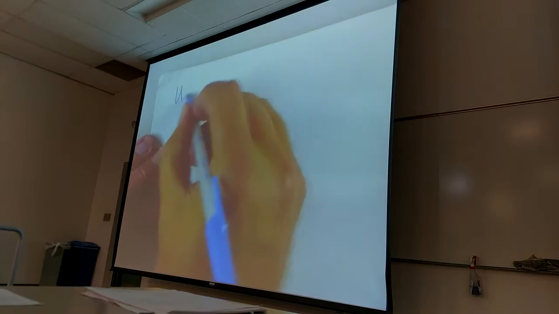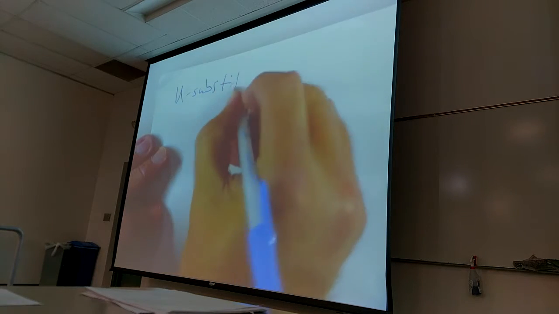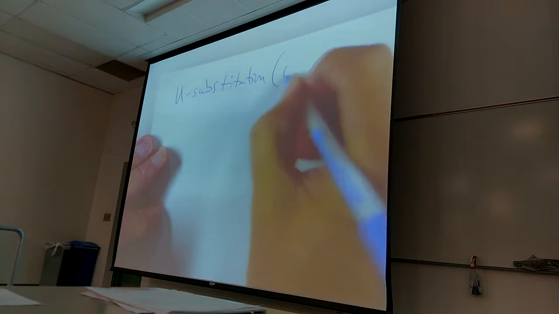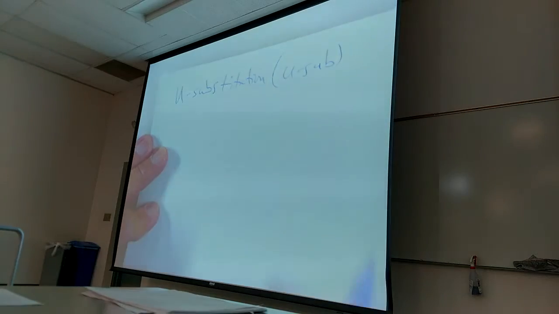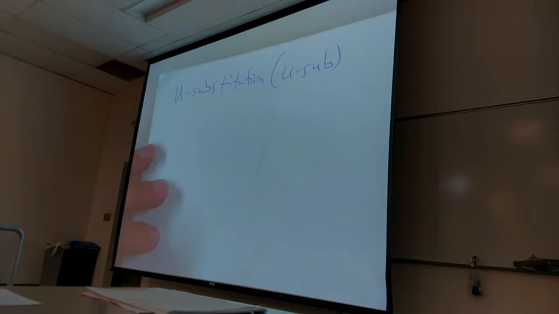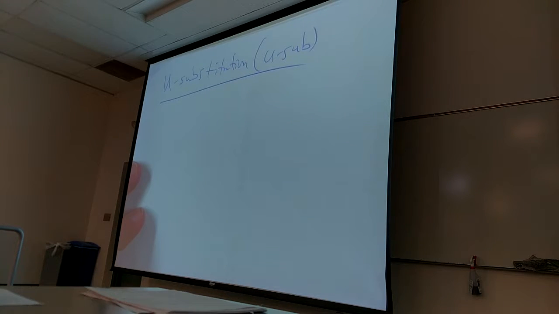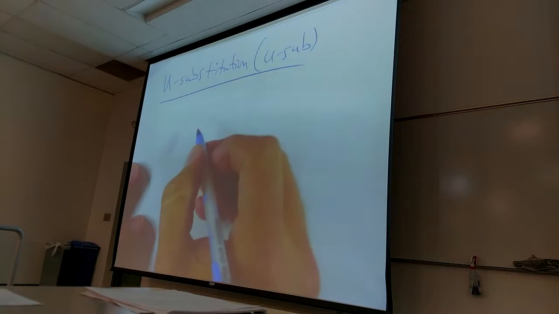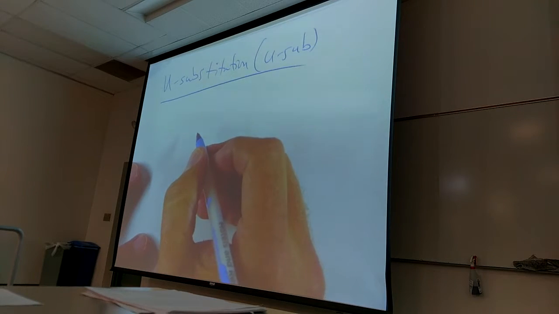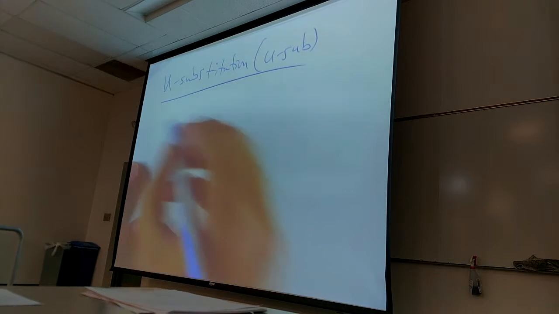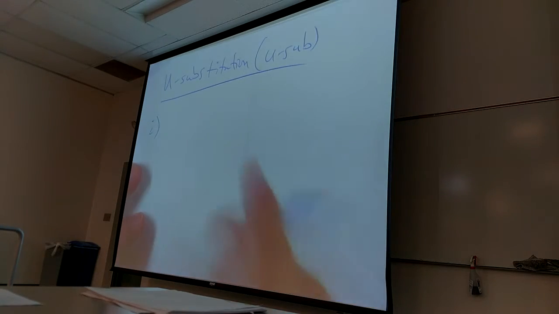Remember U substitution? U sub for short. Let's do an example of this. A little bit different. Well, let's do a normal one, and then we'll do a little bit different one.